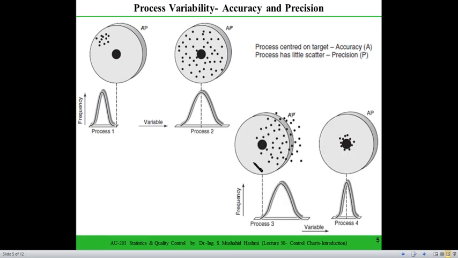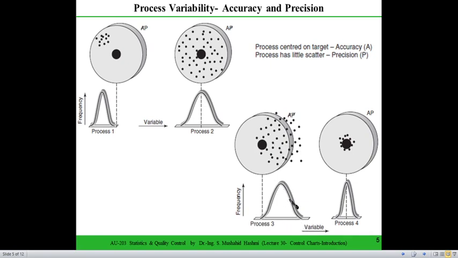Or process 3 could be in such a way that it is not towards the target, because half of the circle is without any dots, so it is away from the target, and at the same time the variation, meaning the dispersion or the standard deviation or variance, is much higher in this process 3.